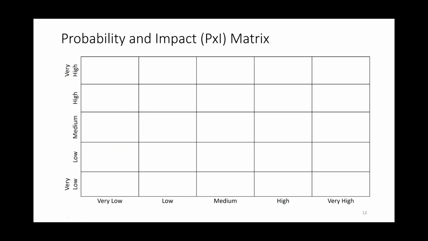All right, so now this is a probability and impact matrix. And so you'll notice, like in the lower left-hand corner, you've got a very low probability of something that will occur and a very low impact if it does. Most of that stuff that's very low, or very low, low, we're going to consider those fine. We're going to accept those. We aren't going to worry about them. And the majority of your risks will be there.